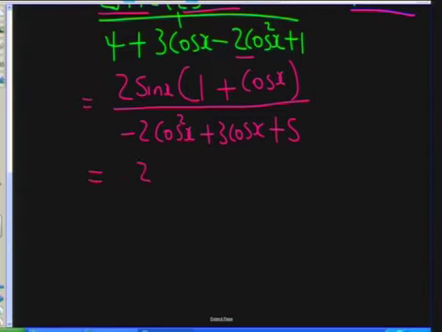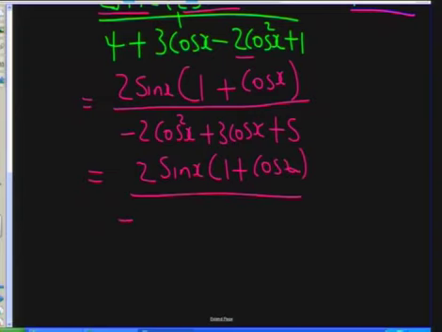So I have 2 sine x plus 1 on top, then the cos x there. Minus 1, I have 2 cos x squared minus 3 cos x minus 5. I change the sign because this is positive.